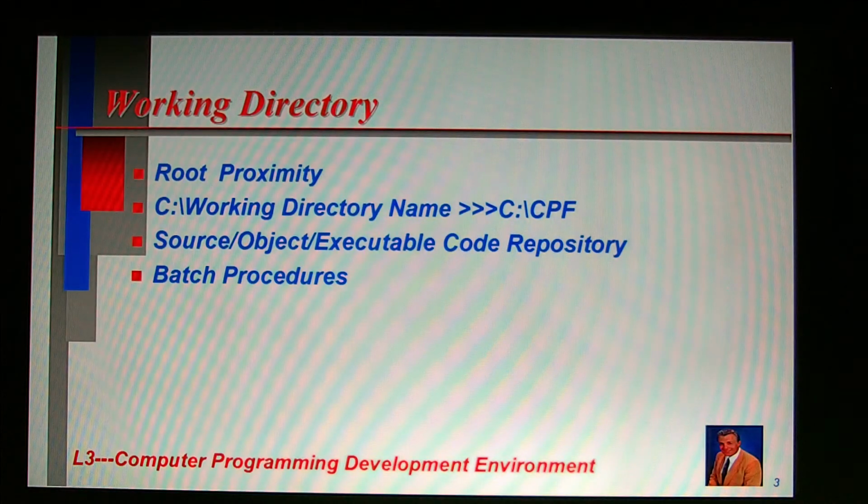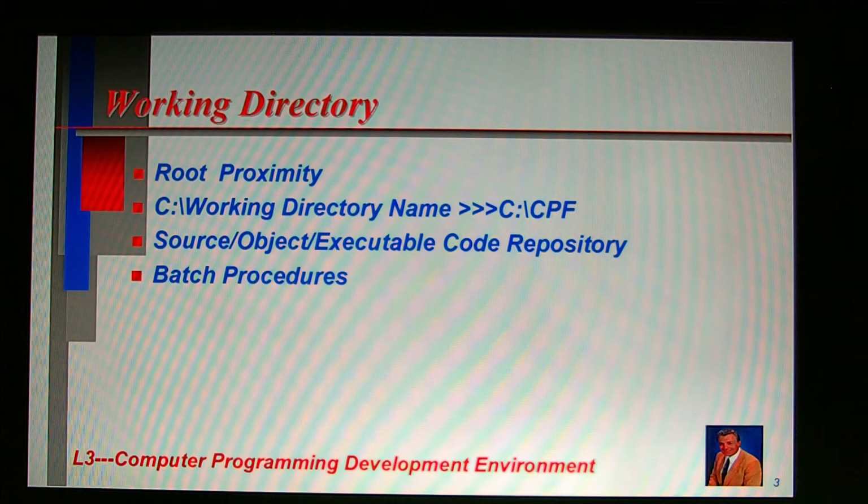Rounding out the establishment of a viable computer programming development environment is the creation of a working directory to house all your computer program code. I strongly recommend that your working directory is created at just one level below your root directory. For example, C:\ your working directory name.